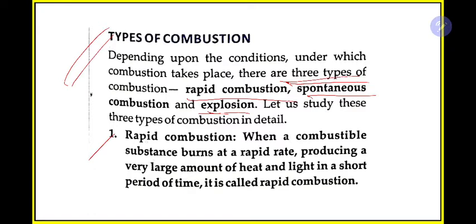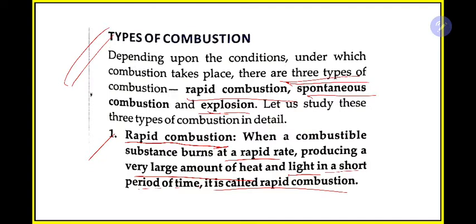So first let us begin with rapid combustion. What is rapid combustion? When a combustible substance burns at a rapid rate, producing a very large amount of heat and light in a short period of time, it is called rapid combustion. That means the process of combustion takes place very rapidly. For example, if you try to burn wood, it will take some time.